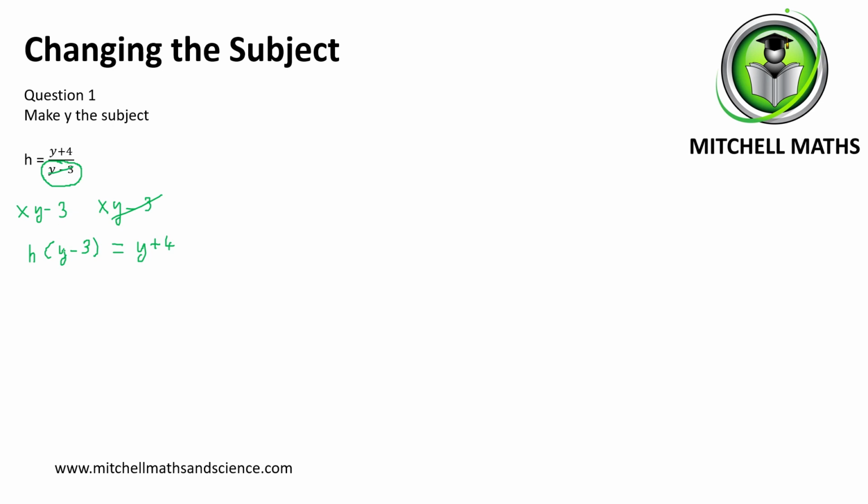The reason I put this in brackets is we're going to times it out, so we've got hy. Now a mistake loads of people make is they don't multiply the minus 3 by the h. A lot of people will just go hy, and then they'll just write minus 3. And it's actually minus 3h.